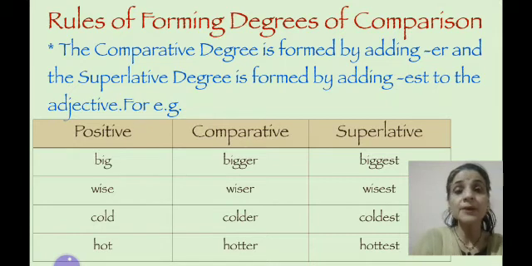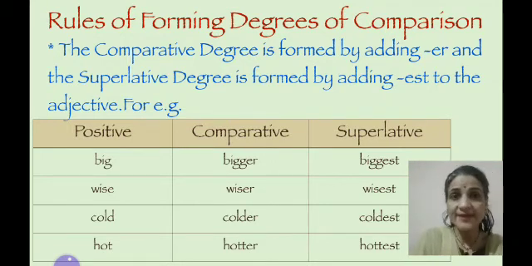For example, big: comparative is bigger and superlative is biggest. Here, children, you have to pay attention that the last letter is a consonant and before the consonant there is a vowel. So when we add er or est, the last consonant g will become double. So bigger, bi double ger, biggest, bi double gest.